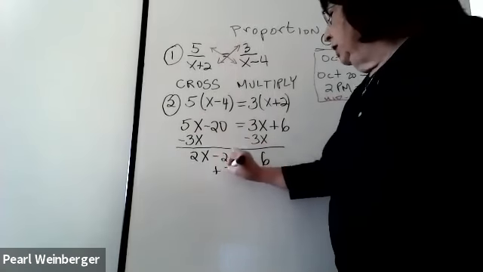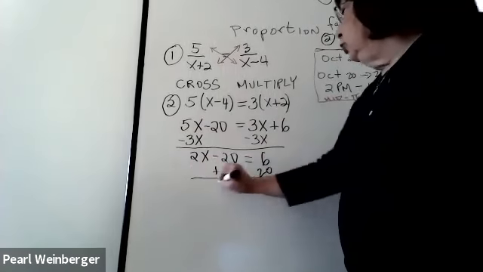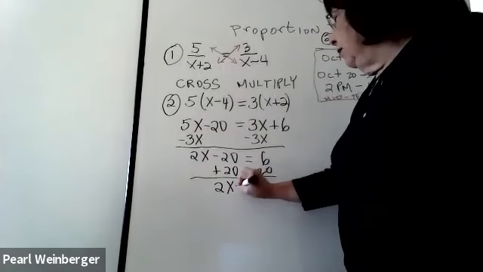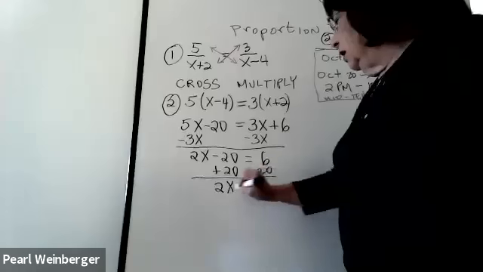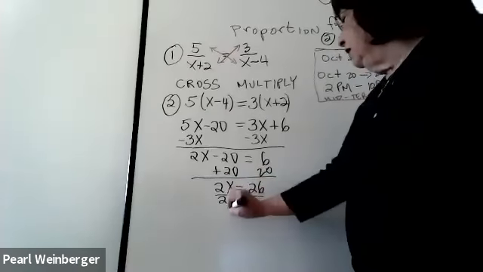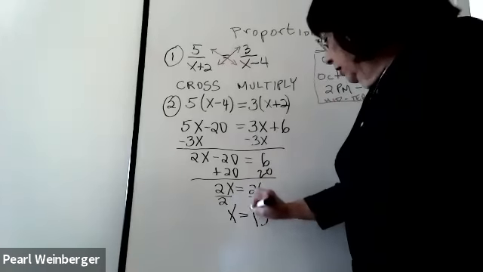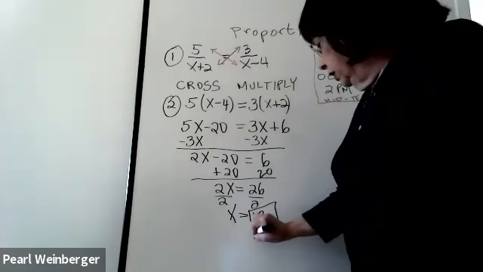And then I'll bring 20 to the other side, and that'll give me 2x equals 26. And just like in any equation, I divide by 2 to get x equal to 13. And the solution to this equation is 13.